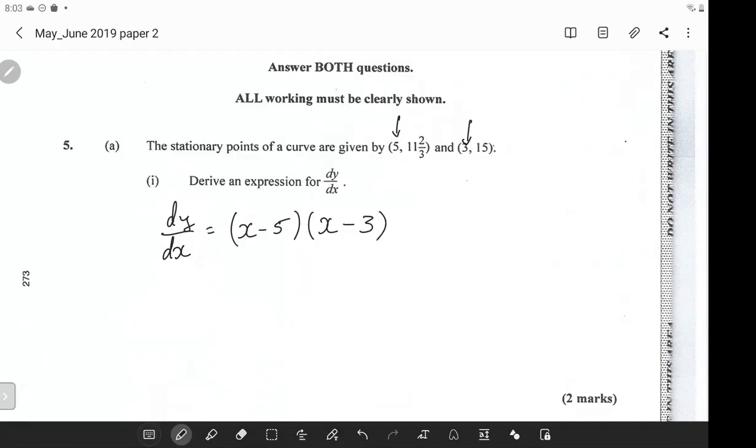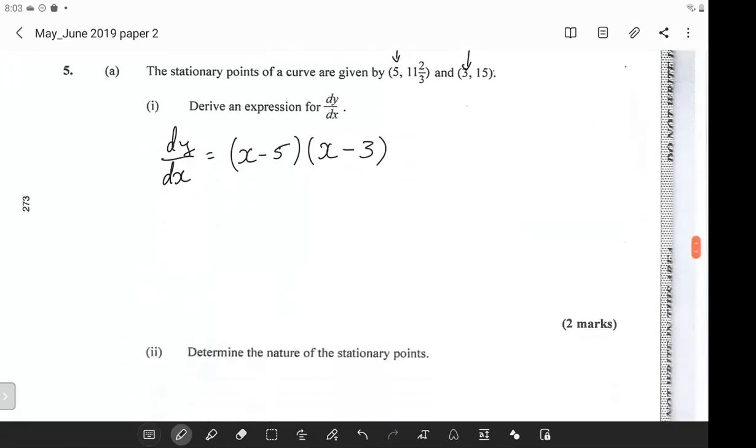And if we substitute x equal 3 there, we get 0. So this is our expression for dy dx. In fact, we could even multiply it out if you wish. You can notice that this is x squared, minus 5x minus 3x, that's minus 8x, and plus 15. All right, so this is dy dx.